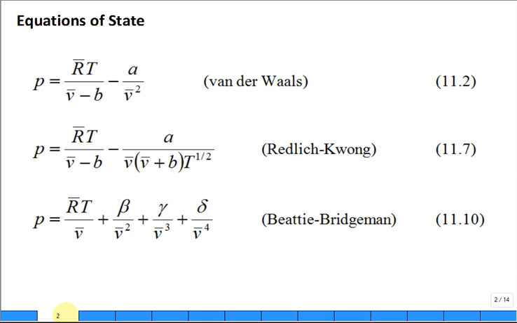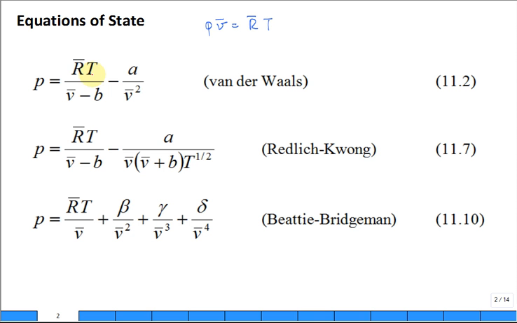Here are some equations of state. The easiest one was PV equal to RT. Is that true? But then you had some modifications, Van der Waals, Redlich, Kwong, Beattie, Bridgman, where they make it more complex to hopefully make it more accurate over a larger range of application.